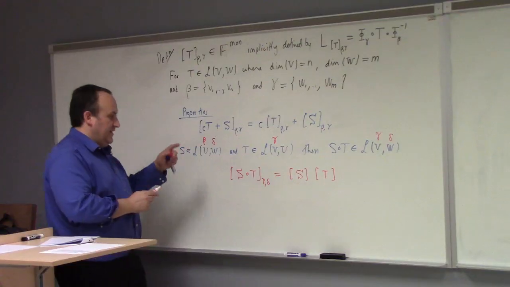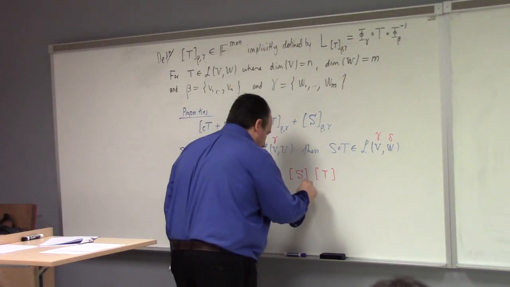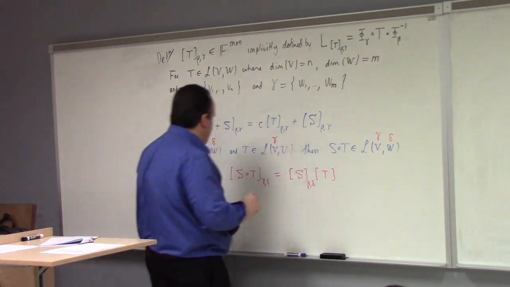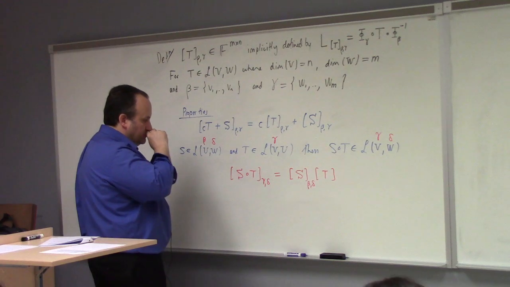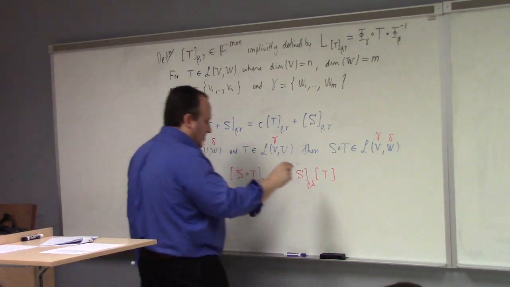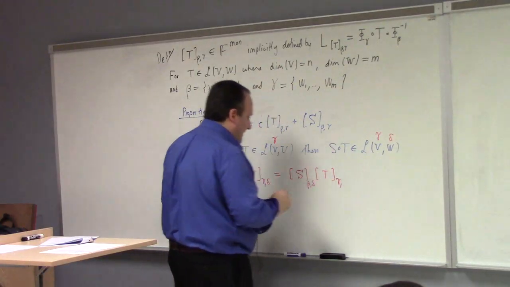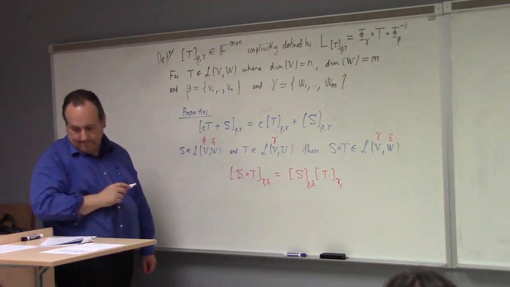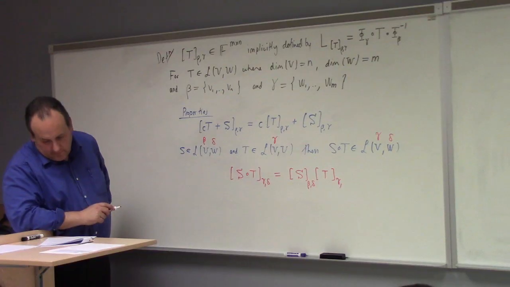So like S, beta, comma, delta, and T, gamma, comma, what?